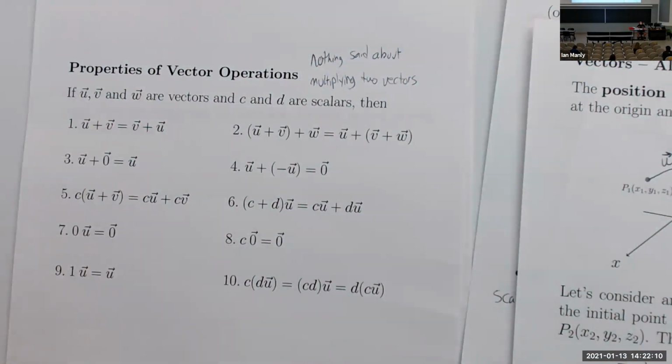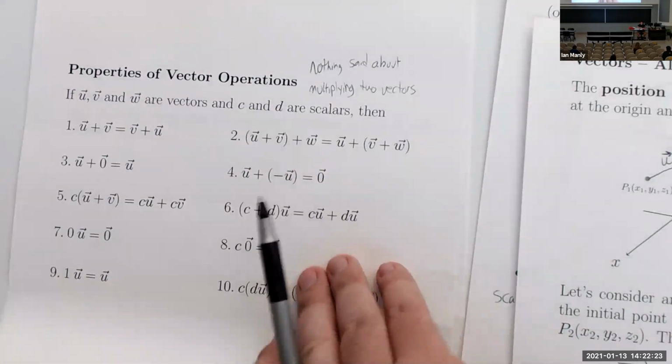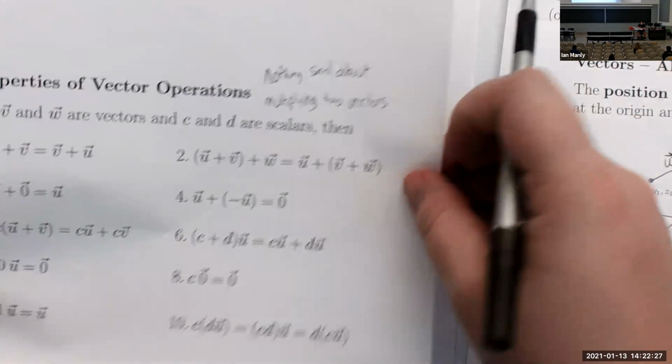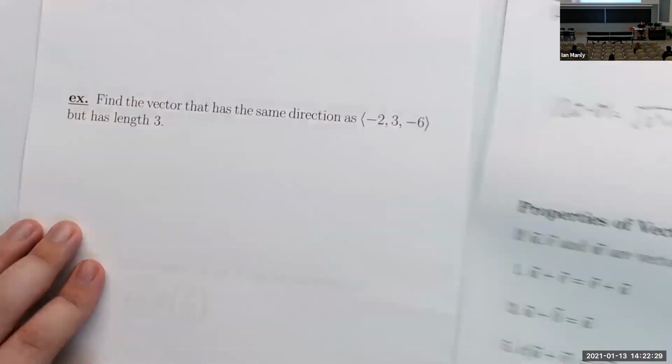What does that mean, or what properties does that have? It turns out there are multiple interpretations of multiplying vectors together, but that's for a future lesson. For now, we can only add vectors together and multiply by a scalar. All right, so I'm not going to bother with these properties. All of them are already in the notes here.